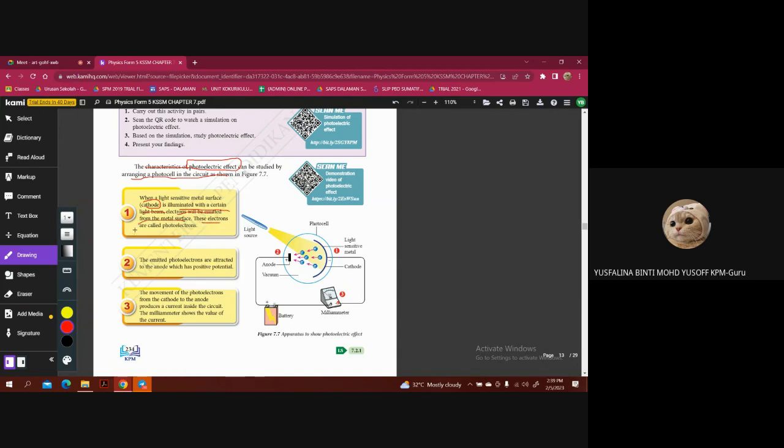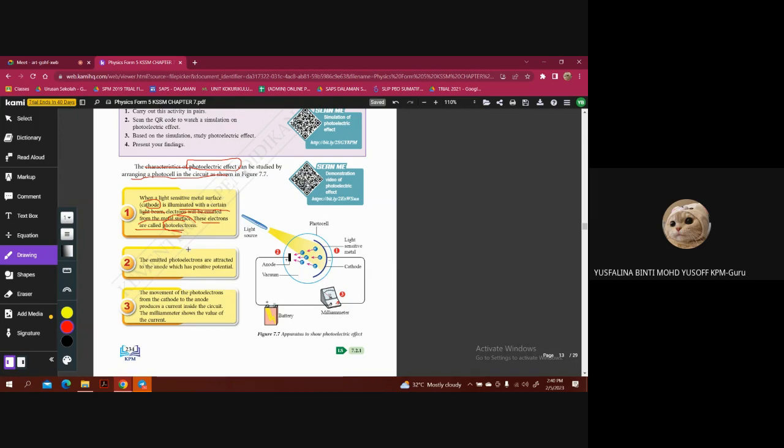These electrons are called photoelectrons. If you strike light onto the light-sensitive metal surface and the energy is enough, the electrons will be emitted out from the metal surface. Photo usually means light, so it is the light that makes the electrons come out from the metal surface.